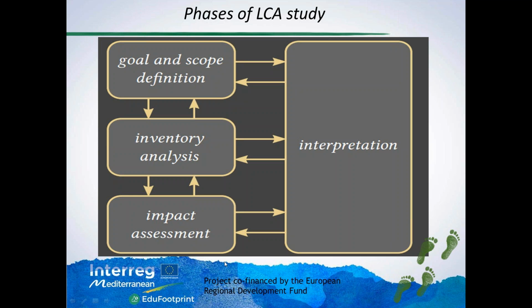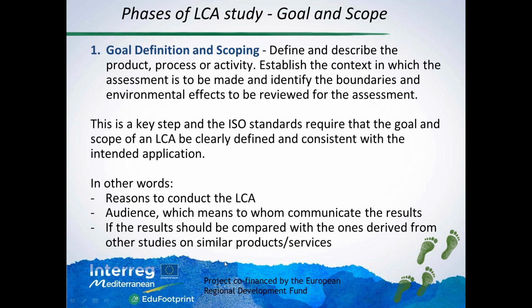So what does goal definition and scoping mean? We have to define and describe the product or the process or the activity we are going to study. We have to establish the context in which the assessment is to be made, and we should identify the boundaries of our system.